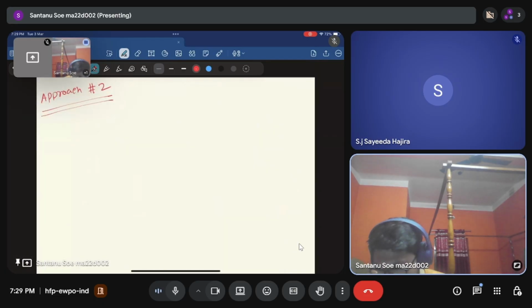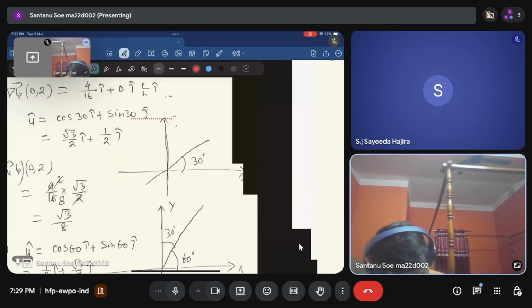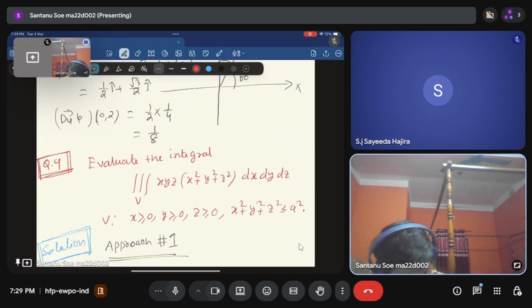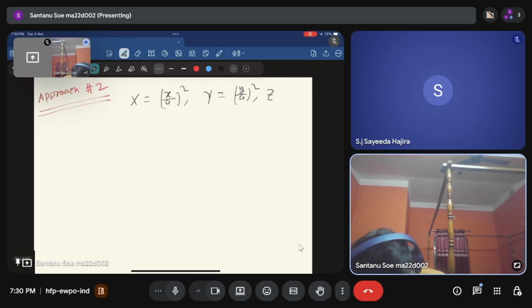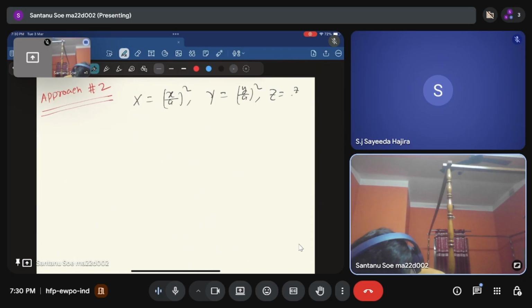So that we will be doing using the change of variable. For that reason, we're going to take capital X to be small x square by a square, capital Y to be small y square by a square, and capital Z to be small z square by a square.